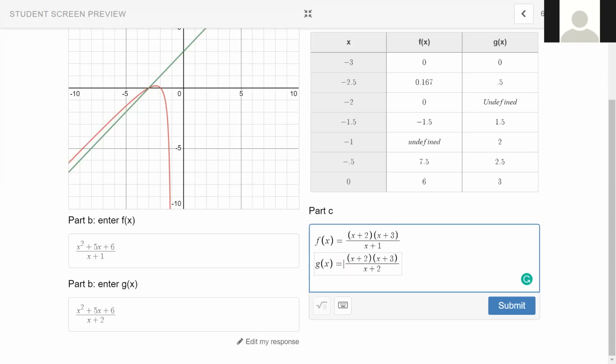So what do we notice about the function that has a hole? What do we notice about the function that has a vertical asymptote?